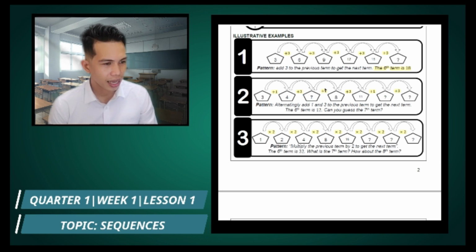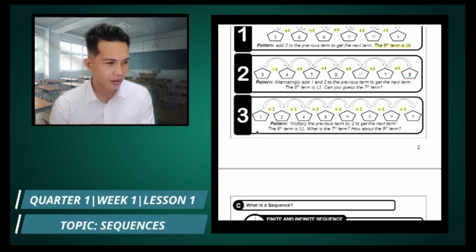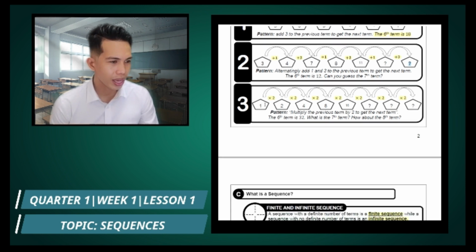And then again, add 1, we will have 8. And then plus 3, we will have 11. Then plus 1, we will have, the sixth term is 12. And can you guess what is our seventh term? Seventh term is 15.